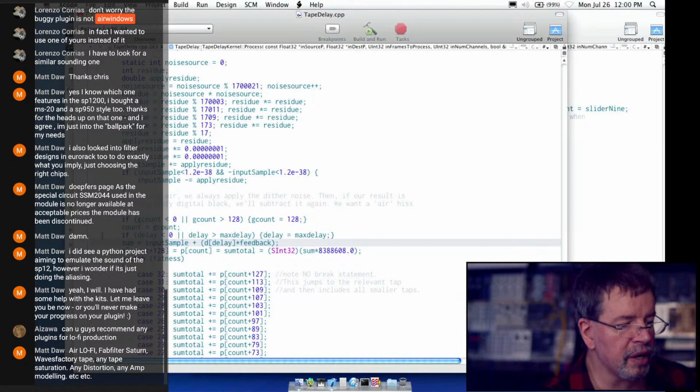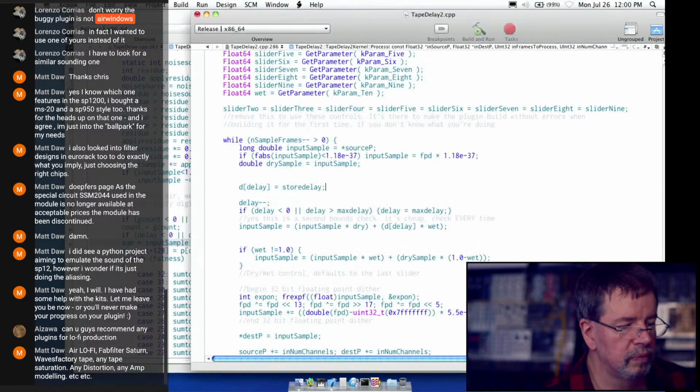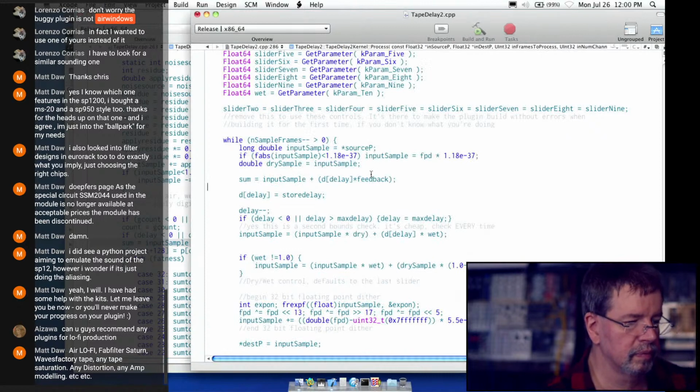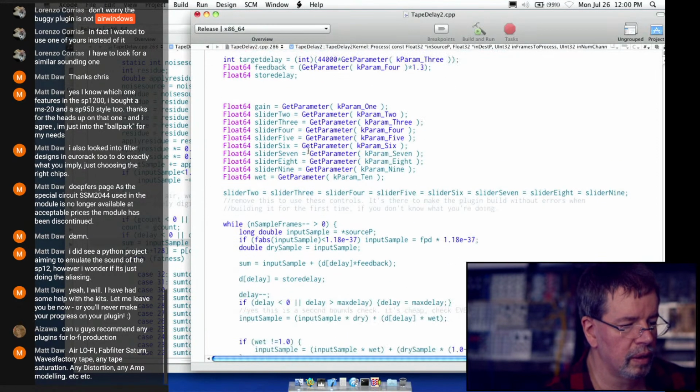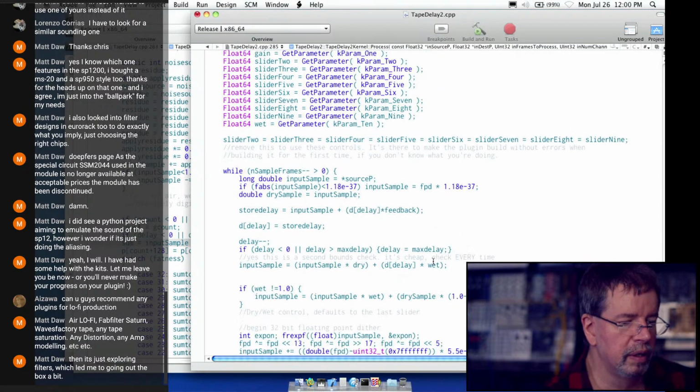Here's an extra sanity check for some reason. There's our feedback effect. Here we're incrementing things.